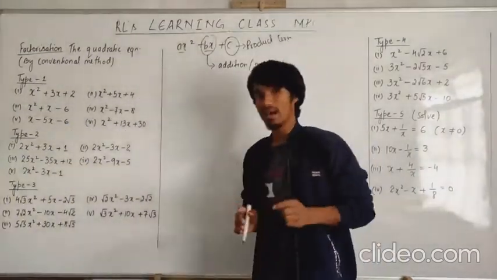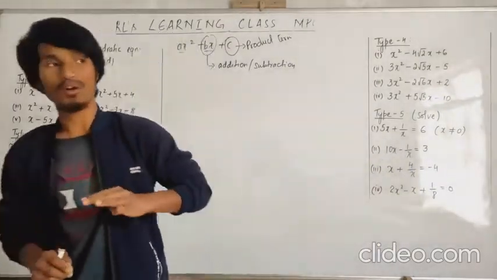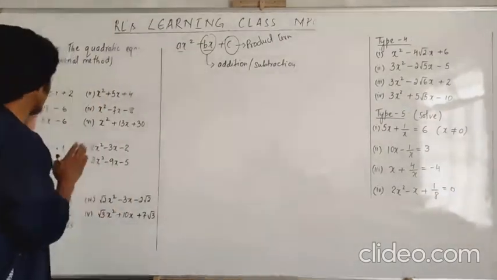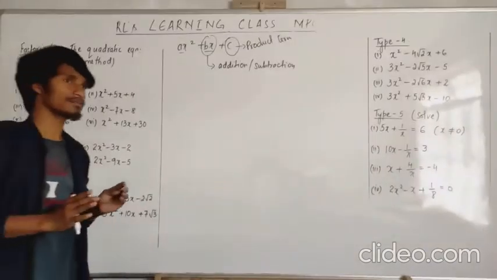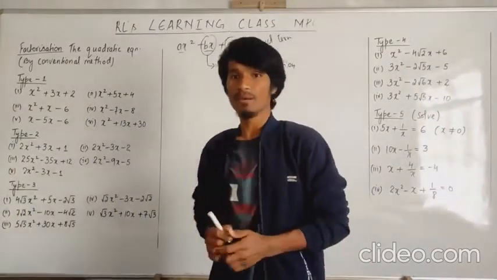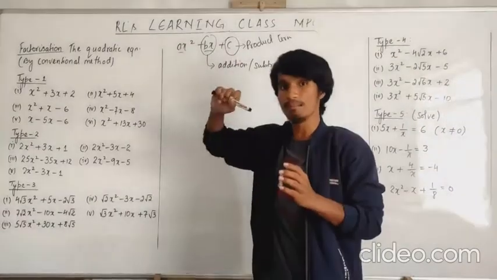This topic will be helpful for class 8, class 9 and class 10. If you know this factorization very well, it will be very helpful for you to solve any type of problem. But here I will show you only factorization by splitting the middle term.